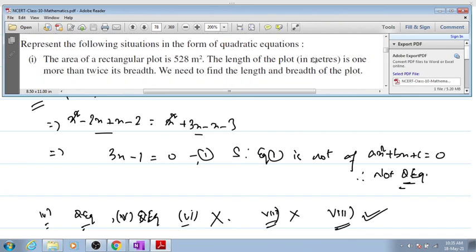Now you'll have to frame an equation out here. And always keep in mind, in quadratic equations you will be framing equations in one variable only, that is x. In the chapter on linear equations we had the liberty to take two variables. Out here you have to find only one.